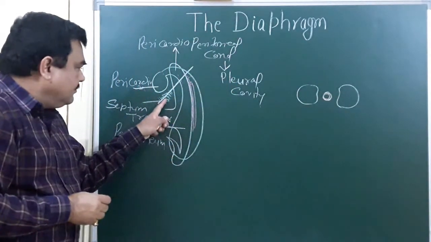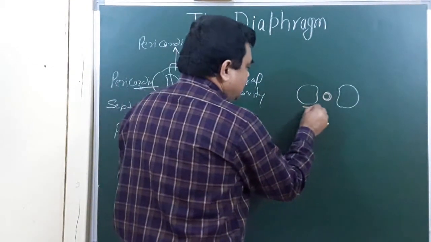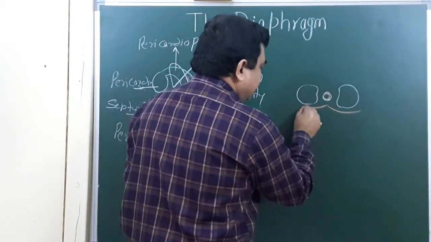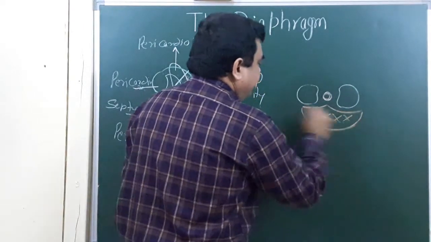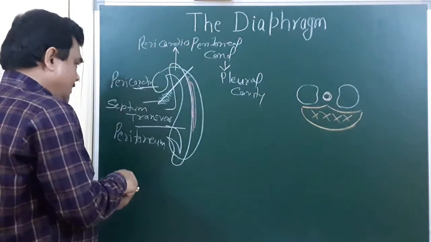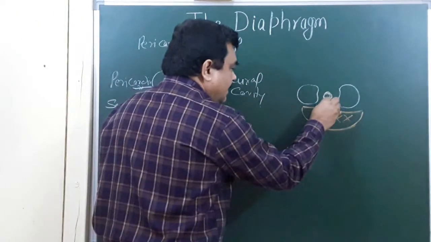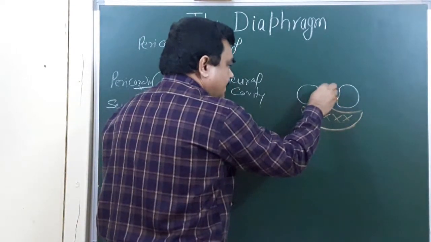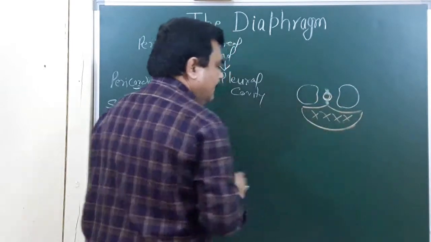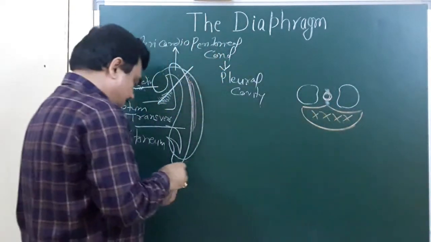And here is the position of septum transversum. This is the position of septum transversum. And here is the mesentery of the developing foregut or developing esophagus. This is ventral mesentery, this is dorsal mesentery.